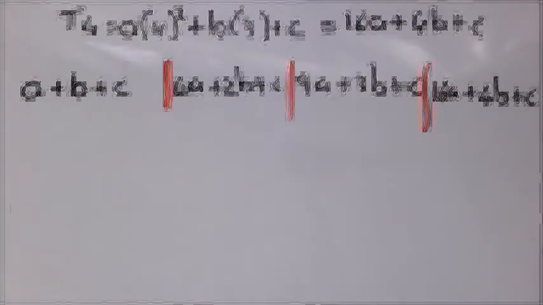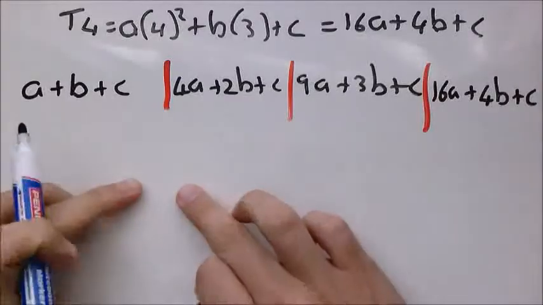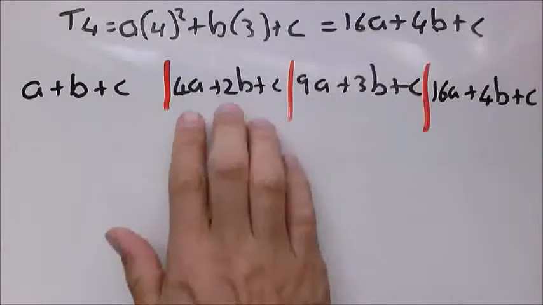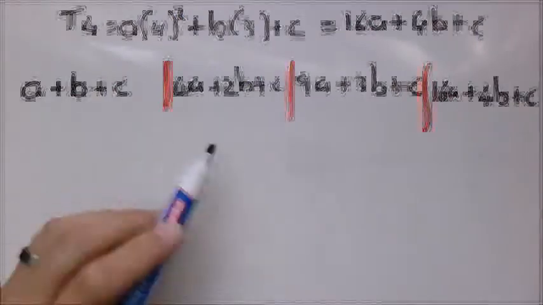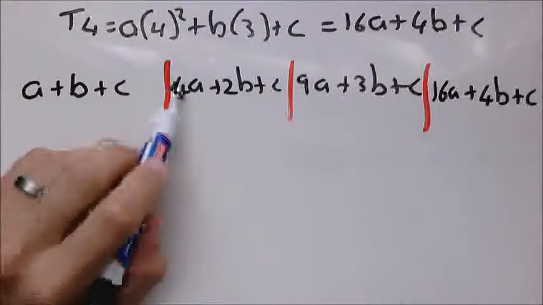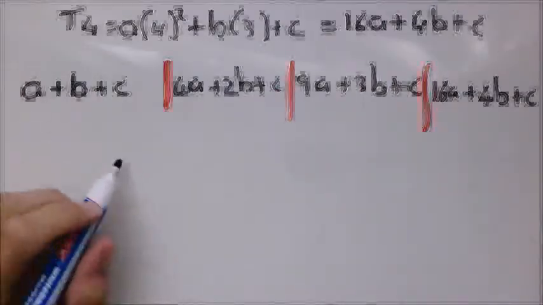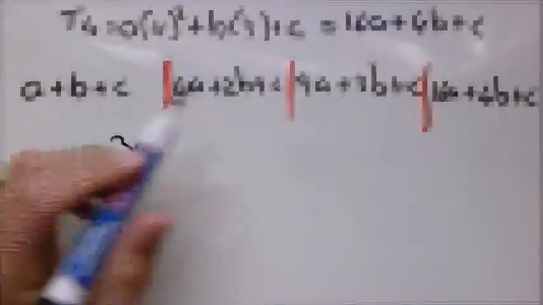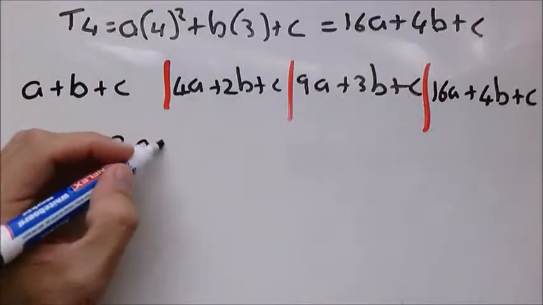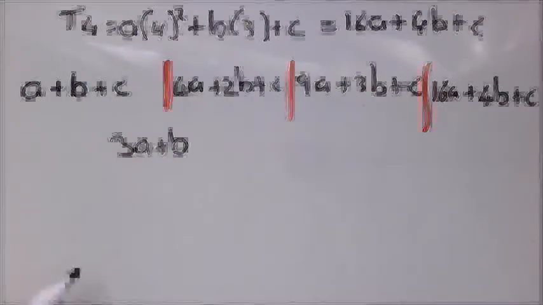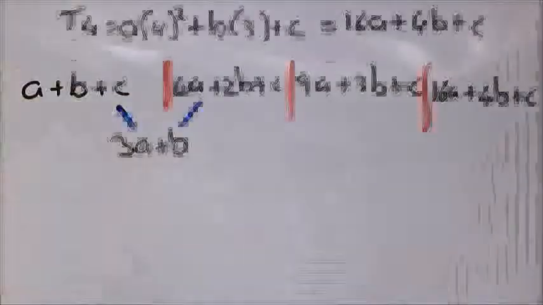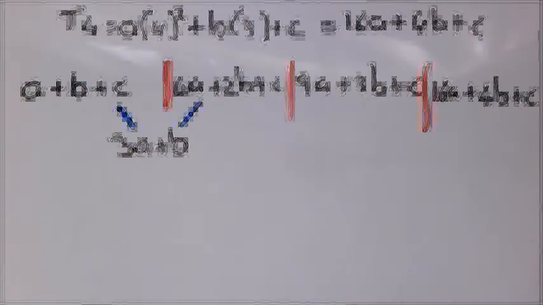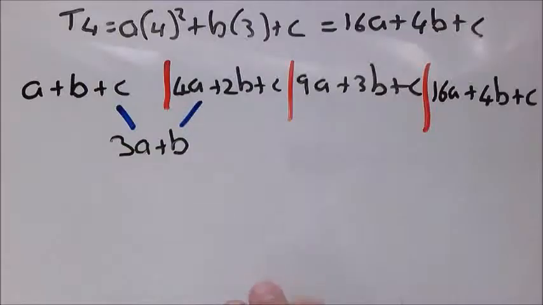Now remember, to get the first differences, we have to say term 2 minus term 1. So let's do that. 4a minus a, 3a. 2b minus b is b. c minus c is 0. So this is our first difference between term 2 and term 1.